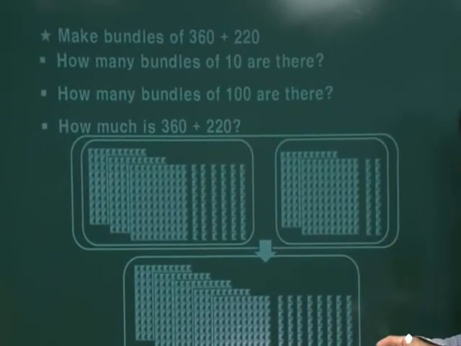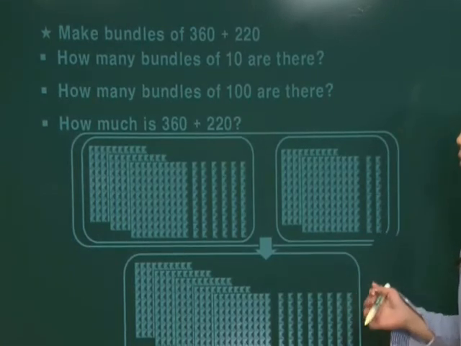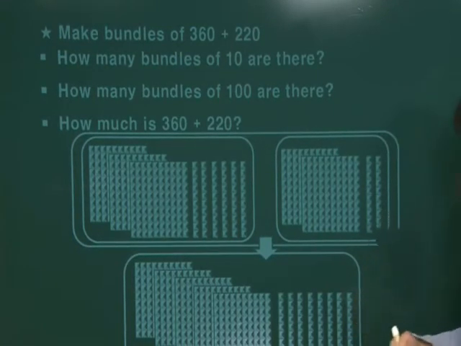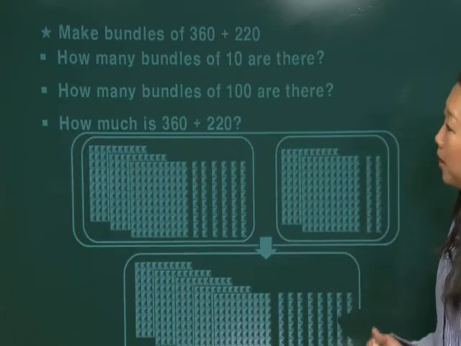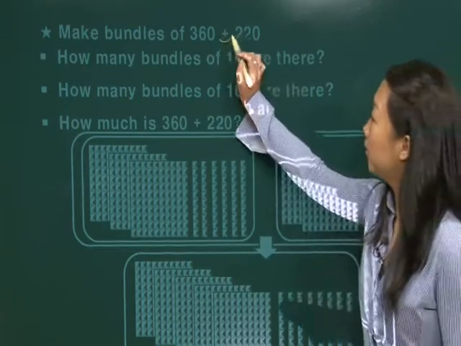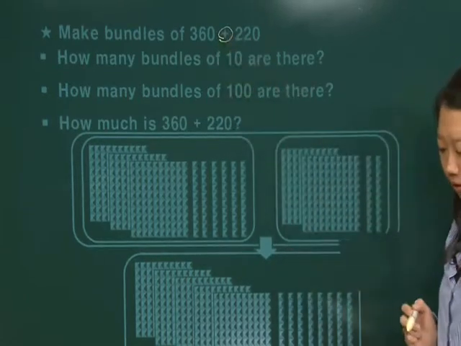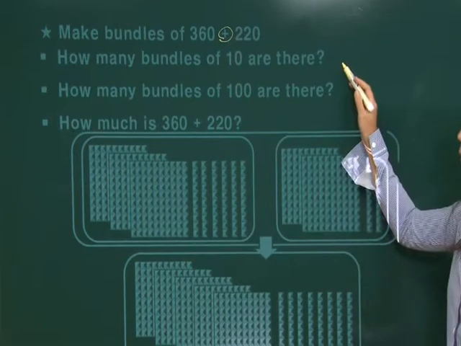The first step is to make bundles of 360 plus 220.